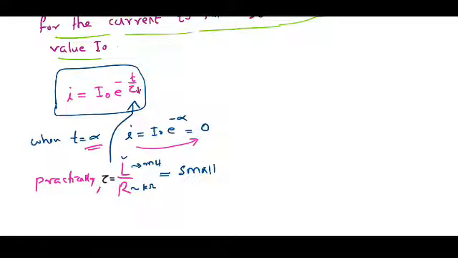Then if you look back to this expression, here the tau is smaller, then the term t by tau will be large. If t by tau tends to infinity, then e power minus infinity will come, that is equal to 0.